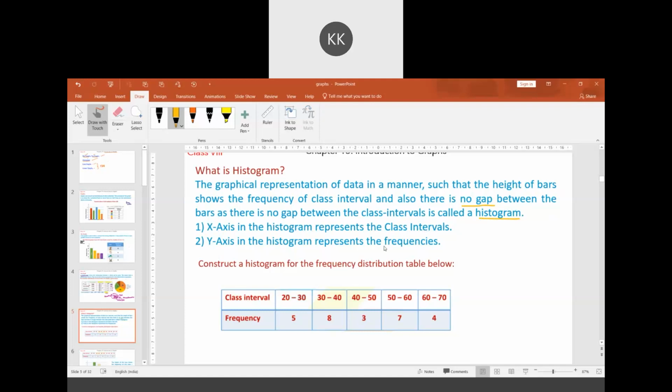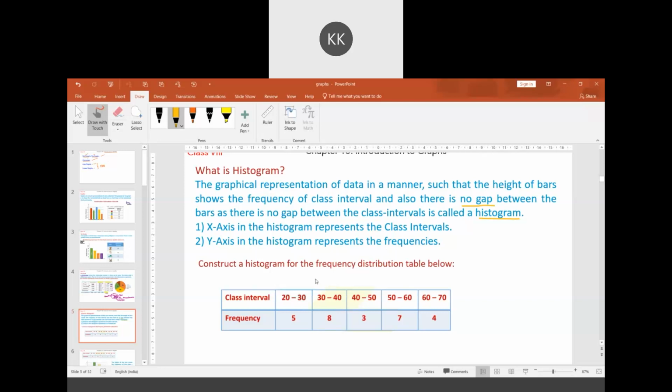Usually, when we draw a histogram, on the x-axis we generally take the class interval. On the y-axis we generally take frequencies. It can be done in another way also.